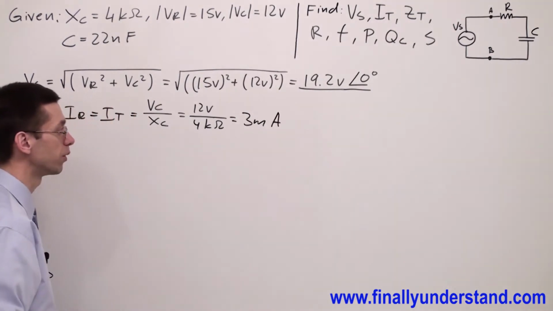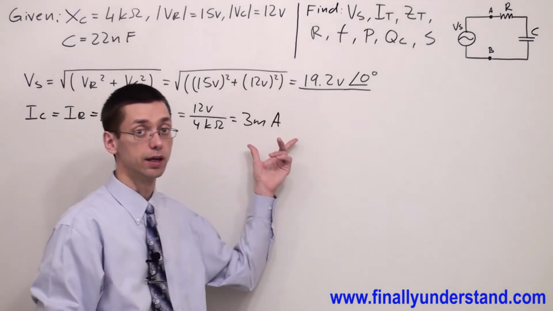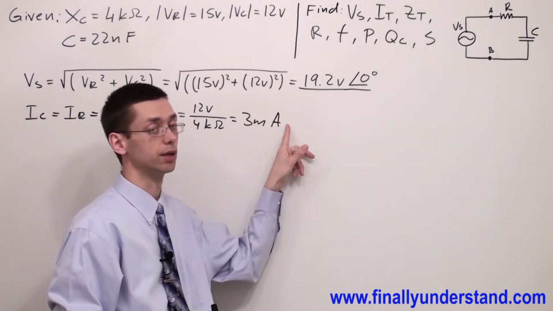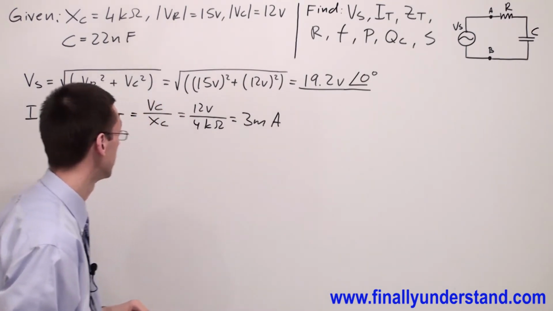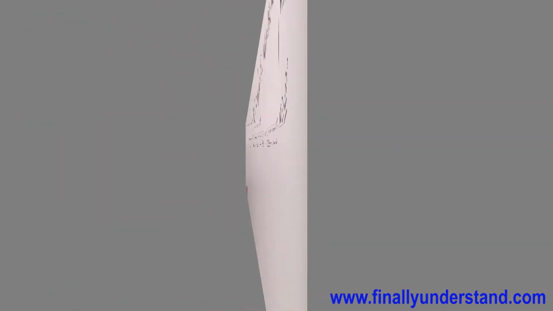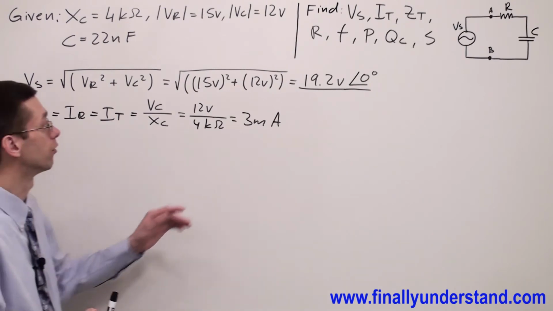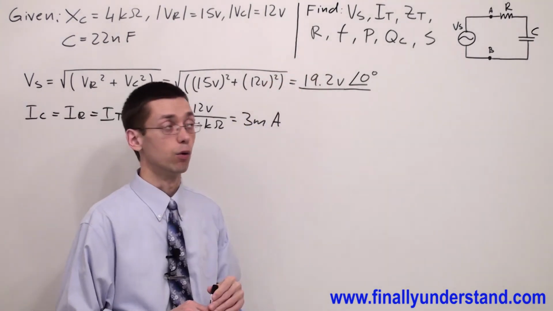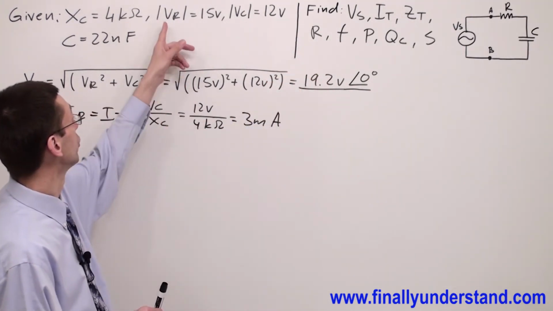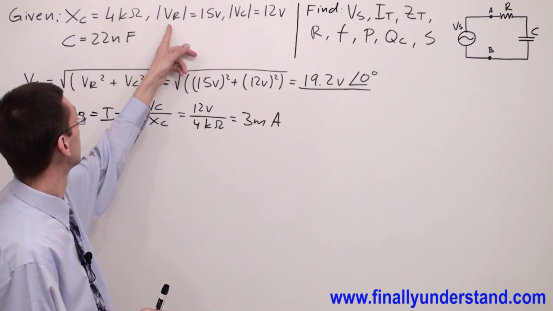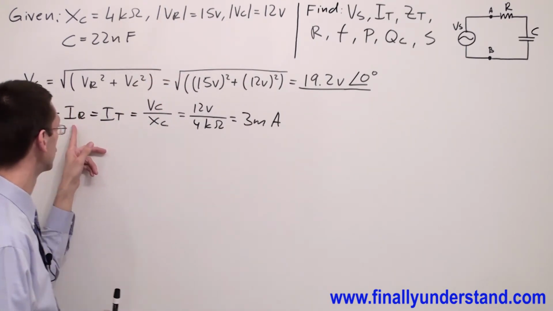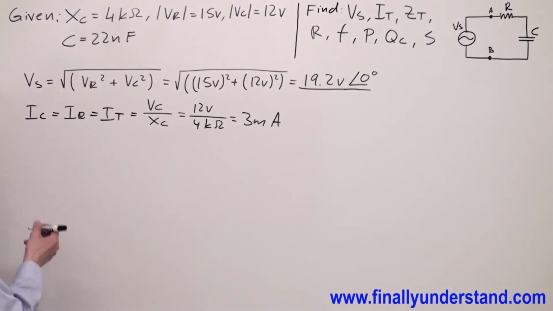But this is not the complete answer yet, because we are missing the angle. We're going to find the angle soon. Next, we can find the value of the resistance, because the voltage across the resistor is given. We found the current which goes through the resistor and simply use Ohm's law.